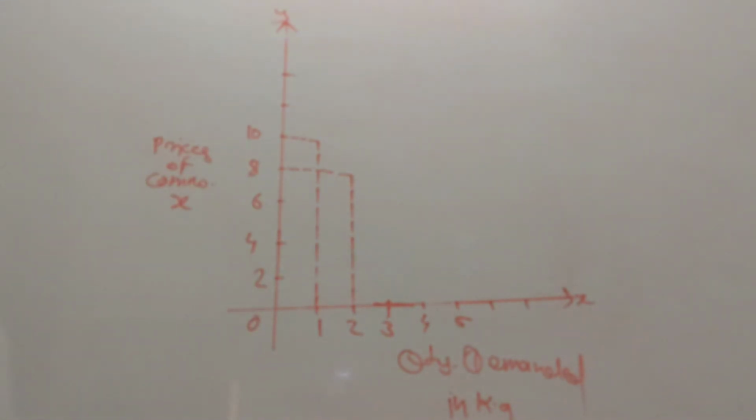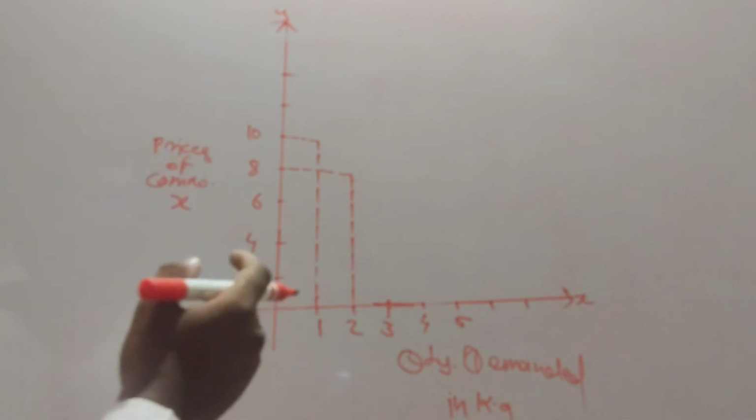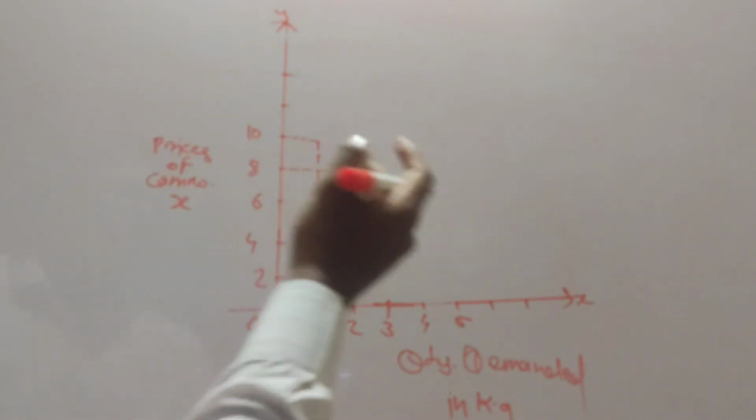When there is a further fall in price from 8 to 6, quantity demanded rises up to 3 kg.